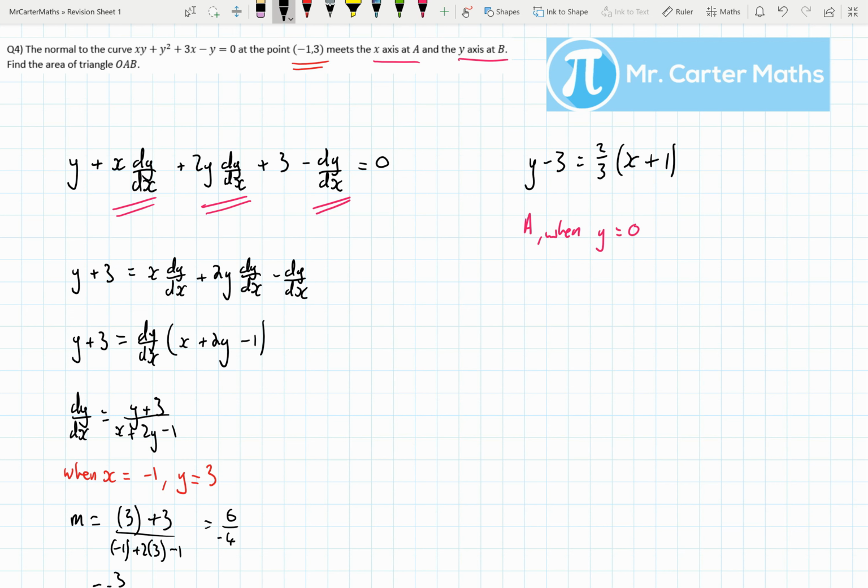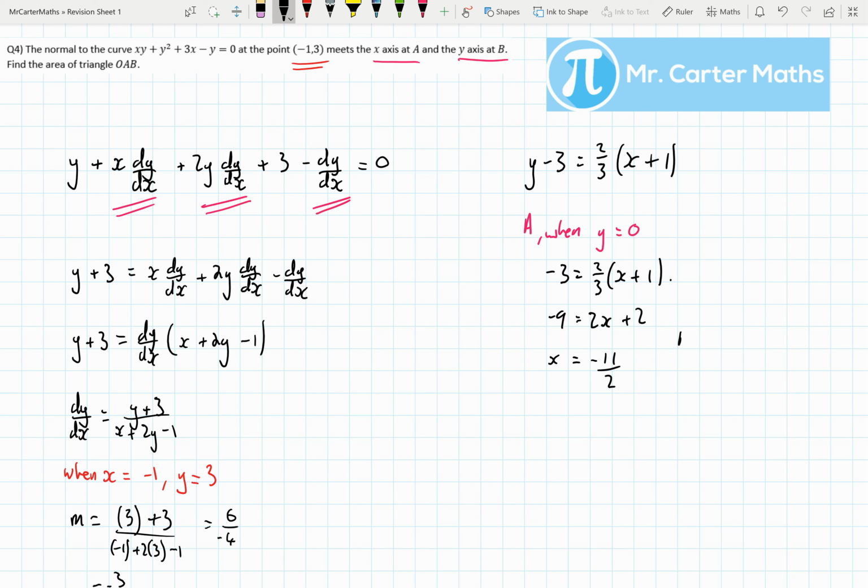I can substitute y equals 0 into this. Minus 3 equals 2 over 3 times x plus 1. Minus 9 equals 2x plus 2. x equals minus 11 over 2.